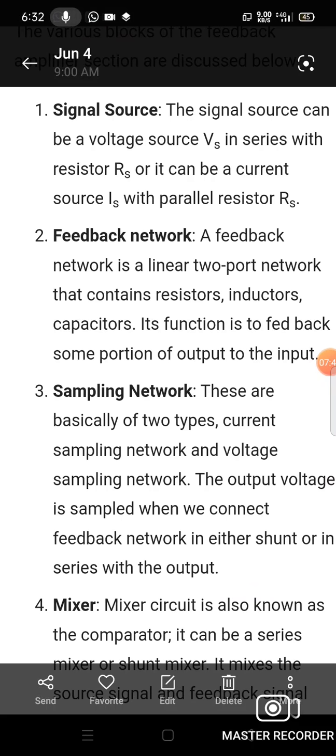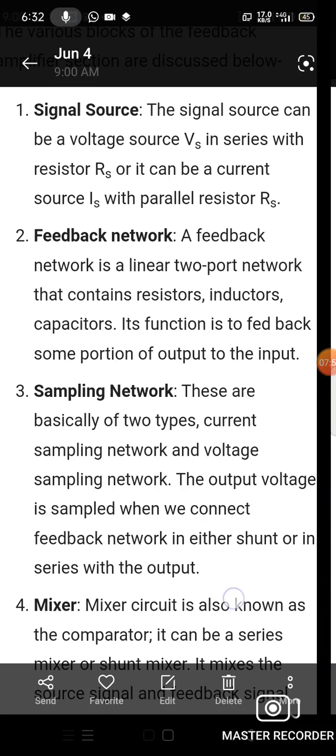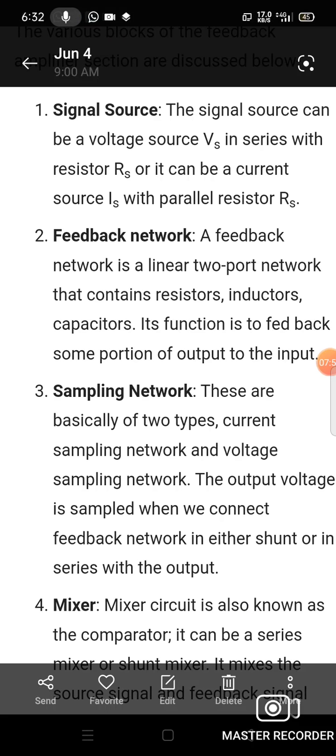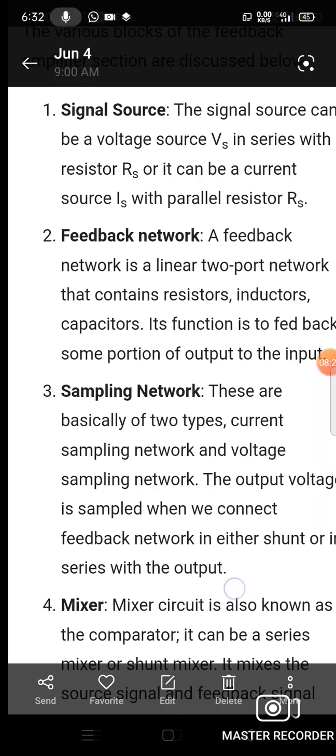The output voltage is sampled when we connect the feedback network in either shunt or in series with the output, right? So this is the sampling network. Sampling networks are basically of two types: current sampling and voltage sampling.